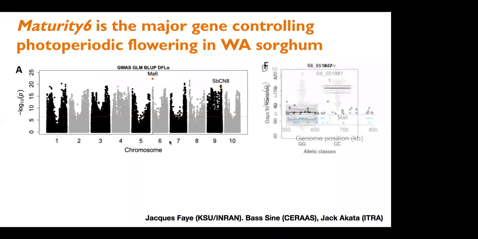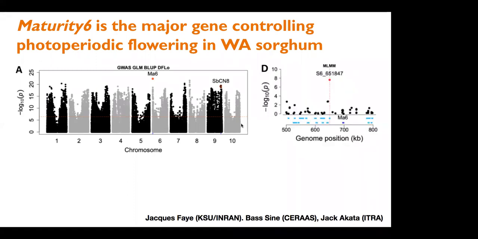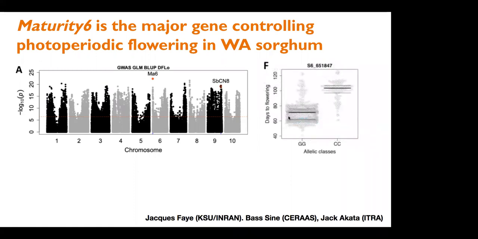It had been cloned in Texan material, but we had no idea what genes were controlling photoperiodic flowering across West Africa, and he very precisely mapped that. This is the MOS6 gene, and this is the peak association here. And it may explain up to weeks of the variation in flowering time that are caused by photoperiodism.